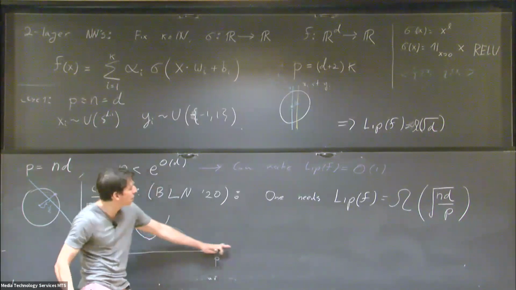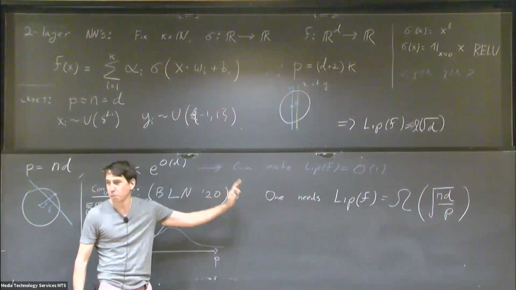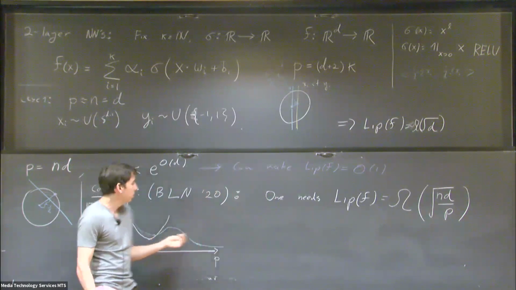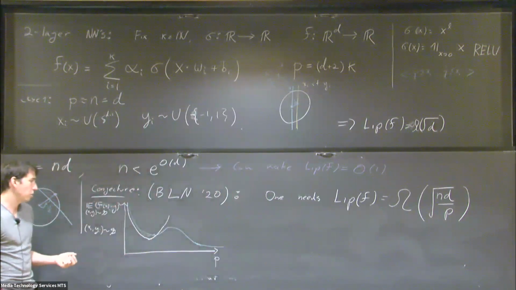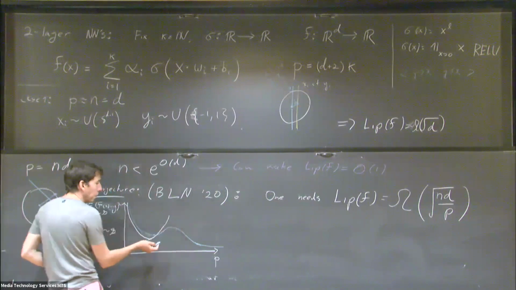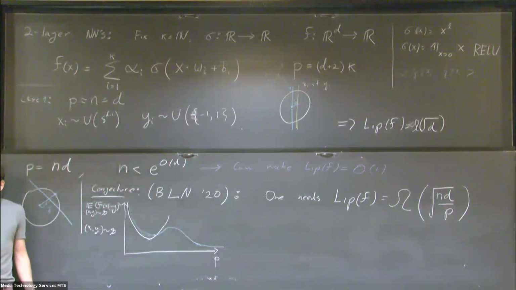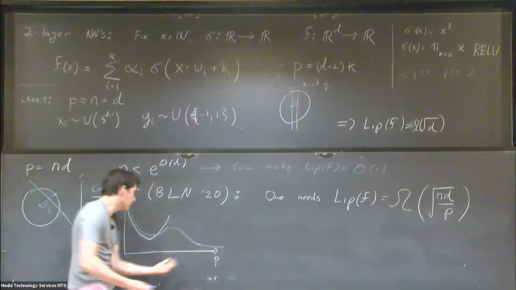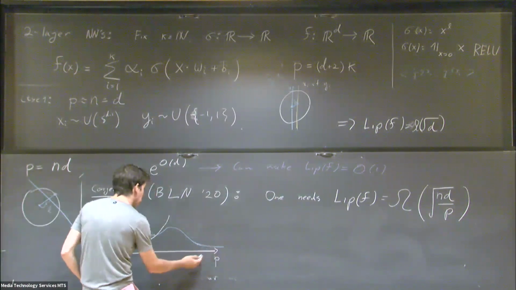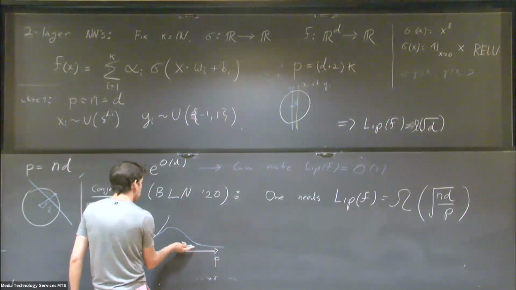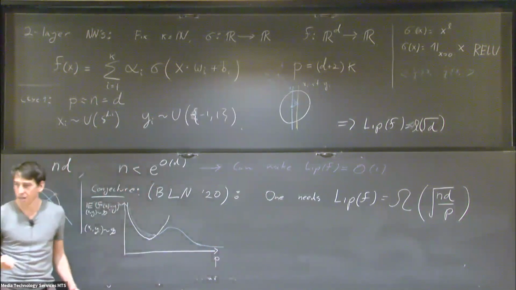And maybe it'll increase at some point when p is super large. Probably not, actually, but it's kind of surprising that you really need to overfit the data. In particular, here p is going to be much bigger than n, right?